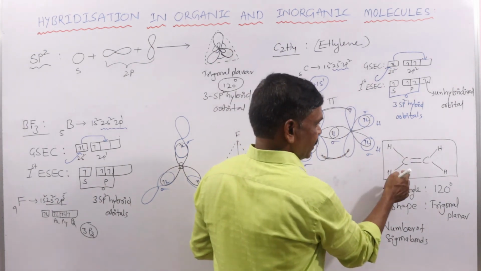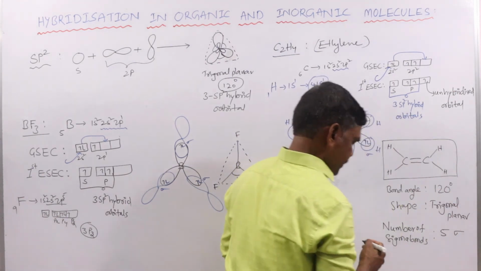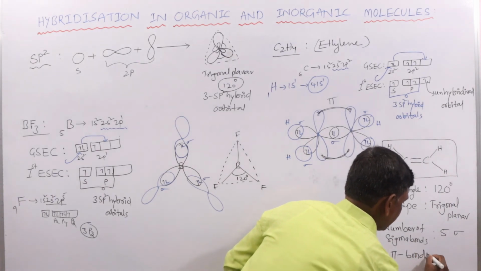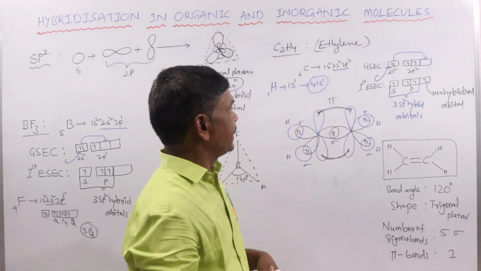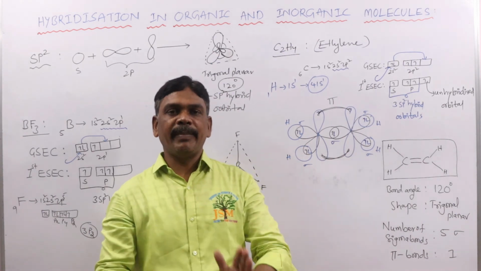So in total, 1, 2, 3, 4, 5: 5 sigma bonds. The number of pi bonds is 1. So this is the formation of the ethylene molecule by using sp2 hybrid orbitals.